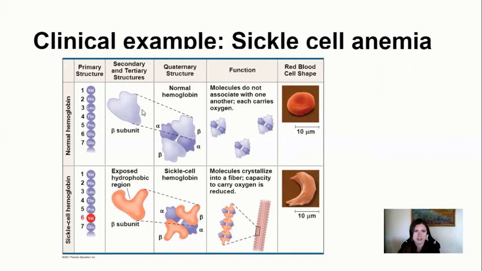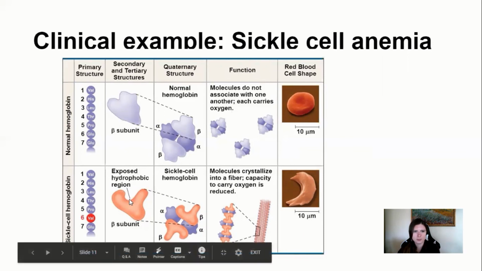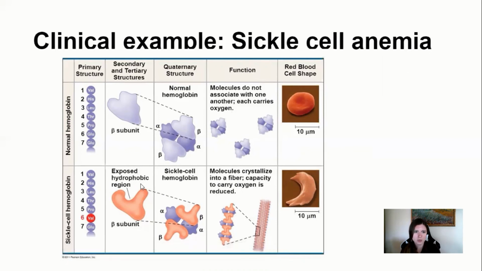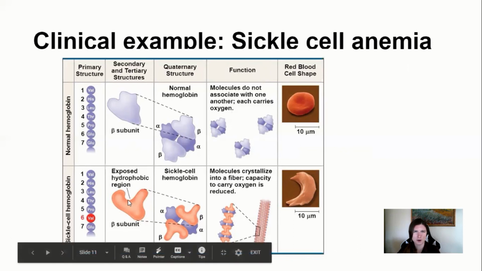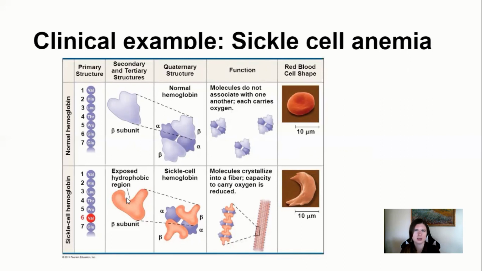But in sickle cell hemoglobin, if we have this mutation, we form into a shape that has a sort of depression in it, right? And an important difference is that we now expose some hydrophobic R groups. Some water-fearing R groups are exposed in our sickle cell hemoglobin that aren't exposed in normally functioning hemoglobin. And that's going to affect how our whole red blood cell works.